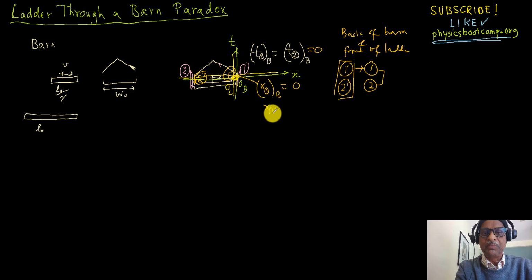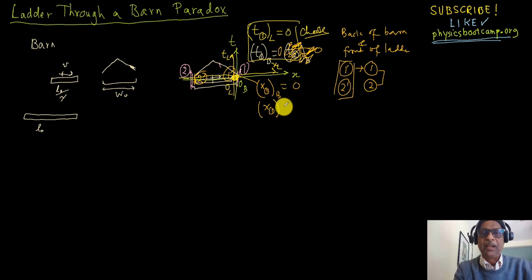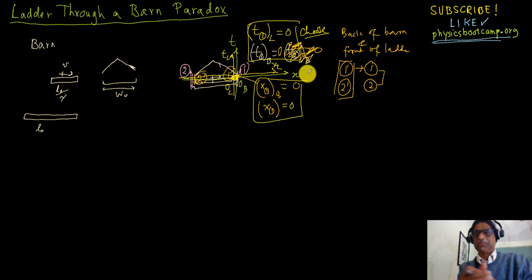Just looking at the 1 first, in the ladder frame, x L and t L, the t of this event in the ladder frame is also 0. We choose that. So basically we're choosing the frames to be on top of each other just for calculation purposes. There's no magic here, it's just a choice of what I'm going to call 0.